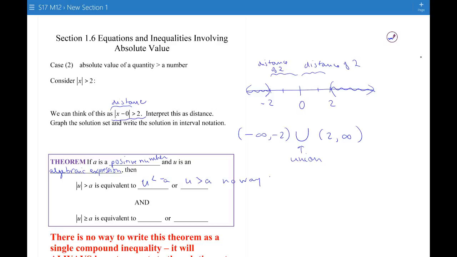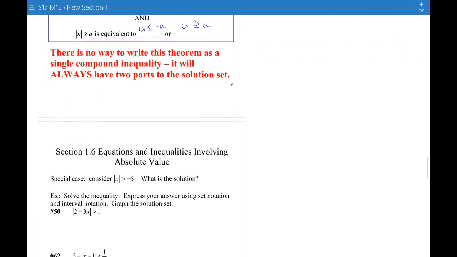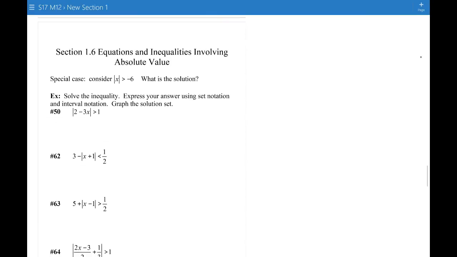There's no way to write this as a single inequality. This kind has to be done with two pieces. And if you have the or equal to, you'd have u is less than or equal to negative a, or u is greater than or equal to a. So there's no way to write it as a single compound inequality. There will always be two parts to the solution set when you have absolute value is bigger than a number.